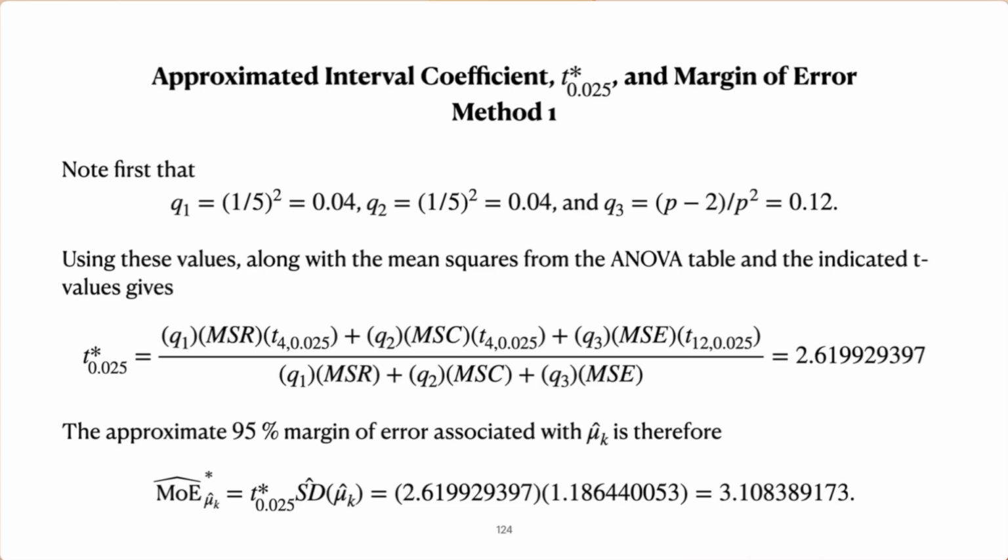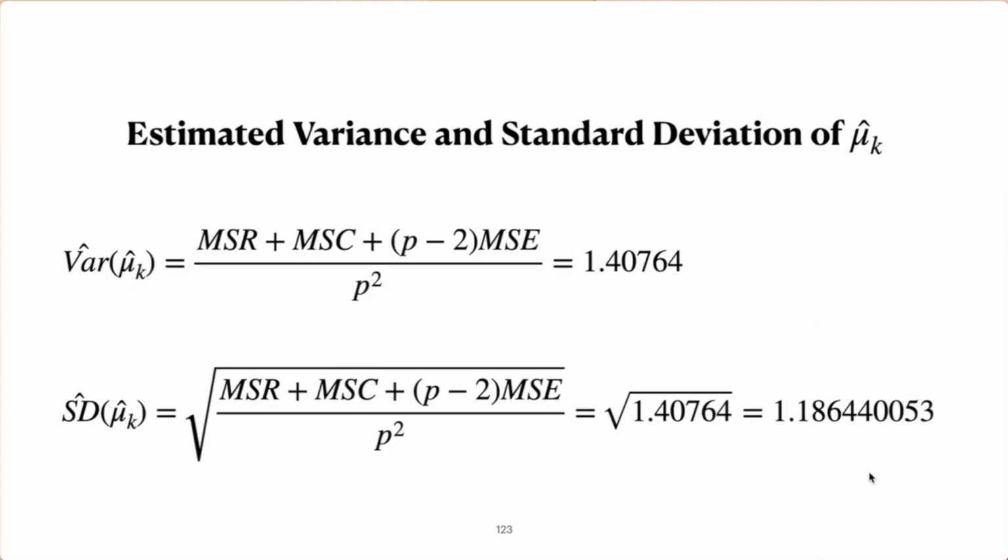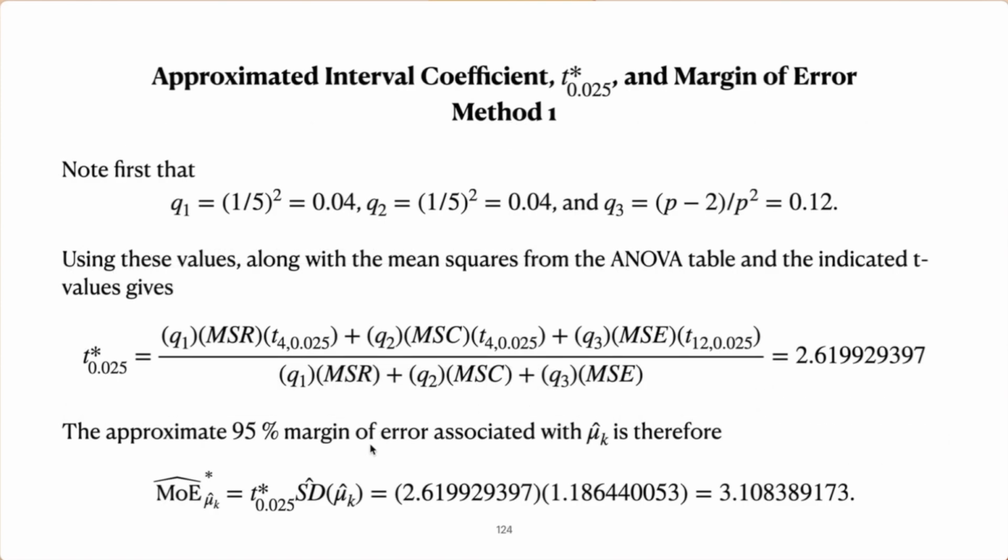2.619929397. And again, in doing the calculations to get the margin of error, and then using that margin of error to get the lower and upper endpoints for the intervals, I'm going to use the full precision of these values. So once we have the approximate interval coefficient, we then would multiply it against the estimated standard deviation of the point estimates of the individual treatment means to get the approximate 95% margin of error associated with each of the mu hat sub k's.